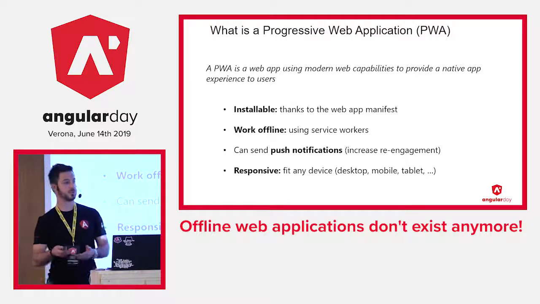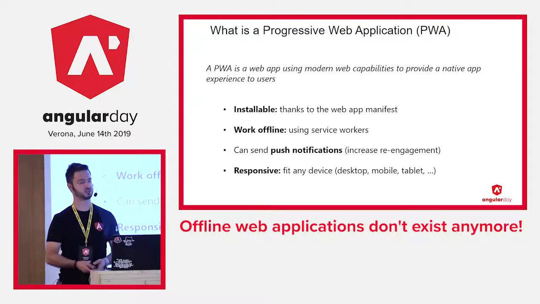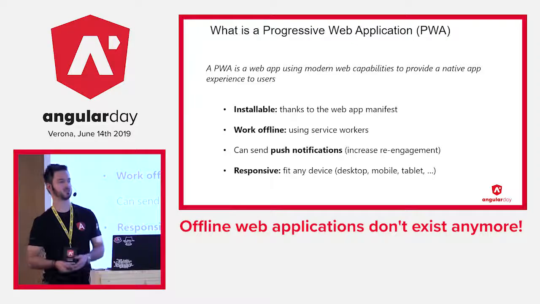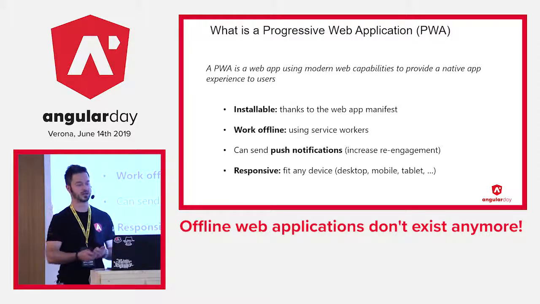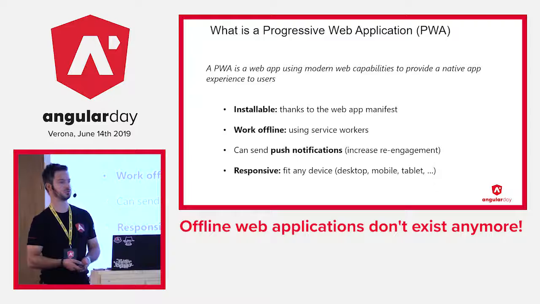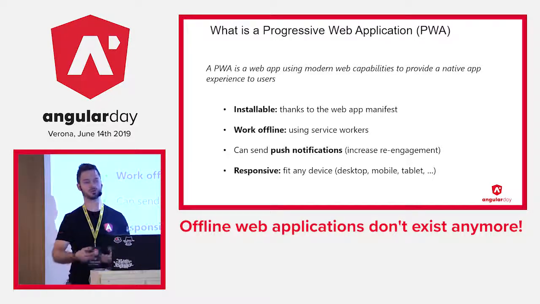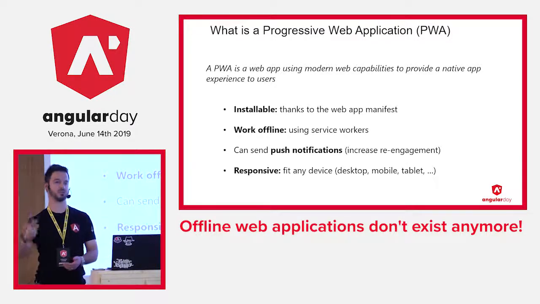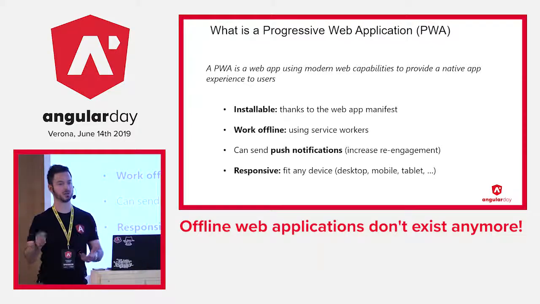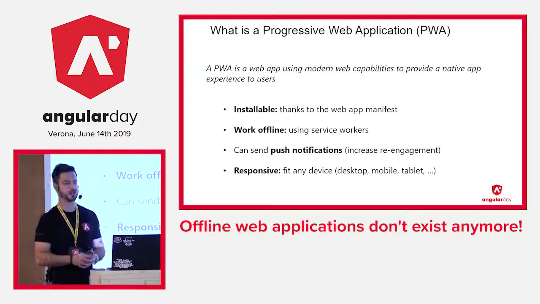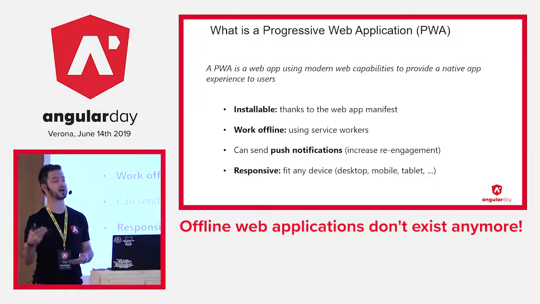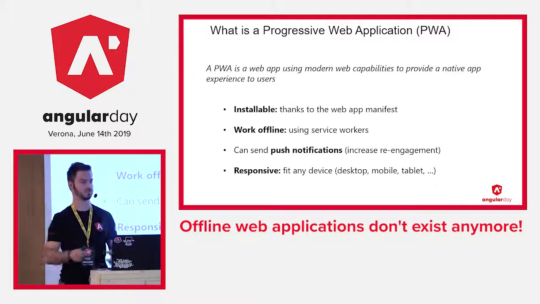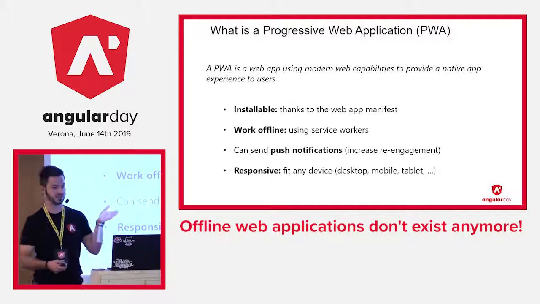It can work even offline via service workers, and it can send a push notification to increase re-engagement of the user. For example, we have a blog or e-shop with clothes, and when we have a new collection, we can send a push notification that will be sent even if the user doesn't have the browser open or our app open. This will be sent in the background and still reach the user device.